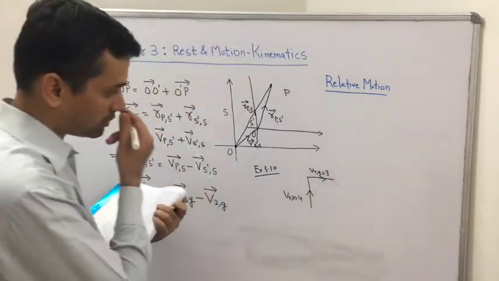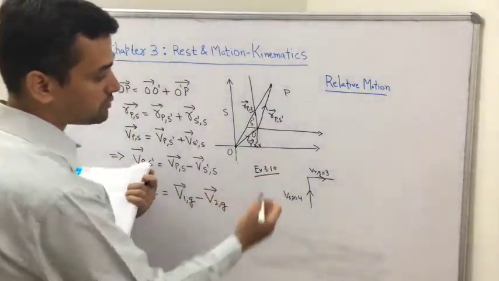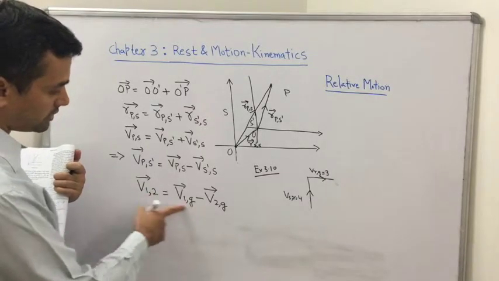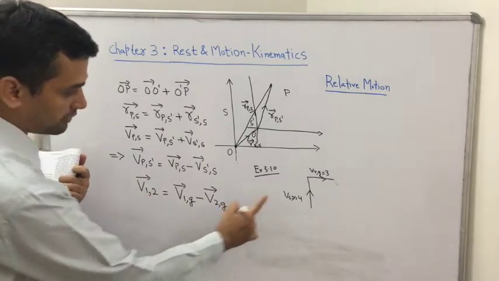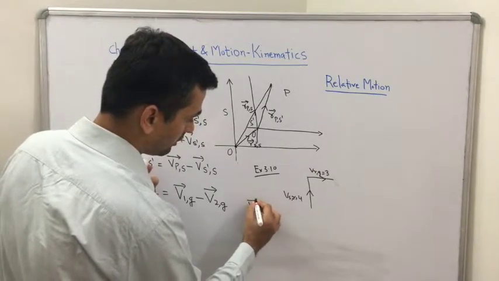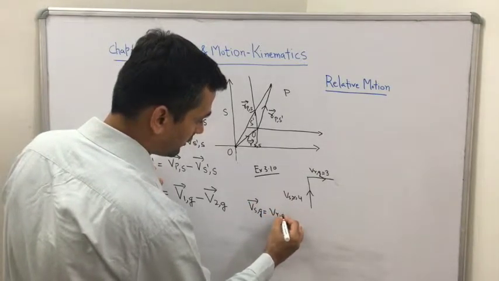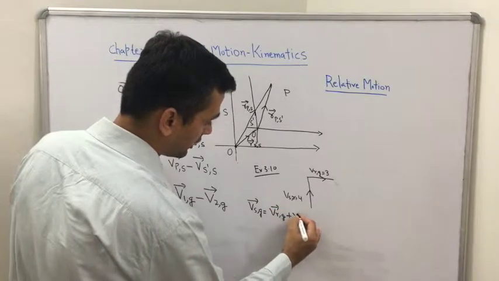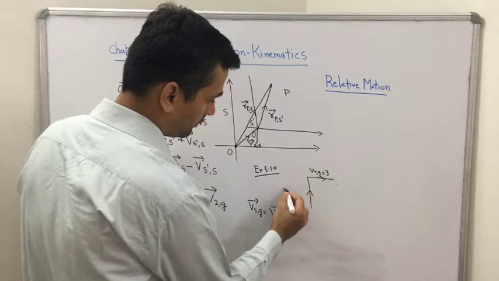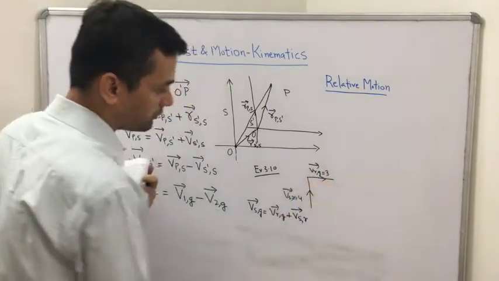So what will be his velocity with respect to the ground? Now we can use this equation. Velocity of swimmer with respect to ground is equal to velocity of river with respect to ground plus velocity of swimmer with respect to river. So we know both of these.